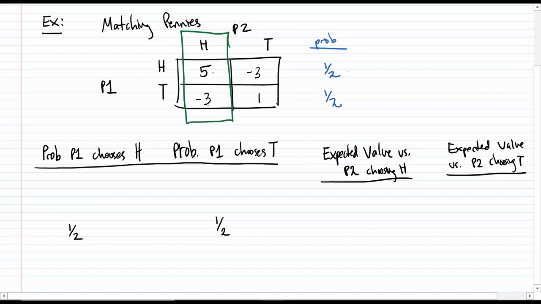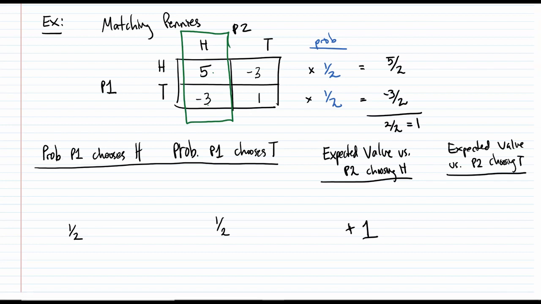So our expected value is going to be 5 times 1/2, which is 5 halves, plus -3 times 1/2. I'm going to add these together, and I get 2 halves, which is 1. So if I play half and half, heads and tails, and player two chooses heads, I'm going to expect to win 1 each time.